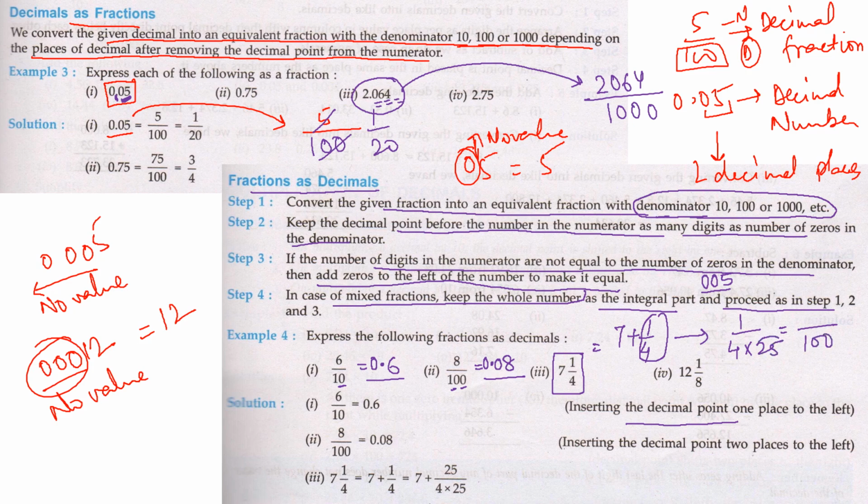And if you are multiplying the denominator, you have to multiply the numerator also. So it will be 25 by 100. 25 by 100 in decimal will be how much? 2 zeros. So from the back, 1 place, 2 place, and the decimal will come. So 0.25. So the answer will be 7.25.